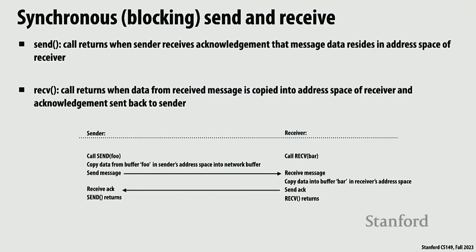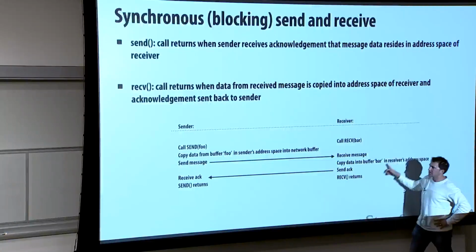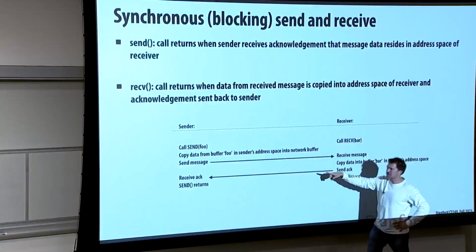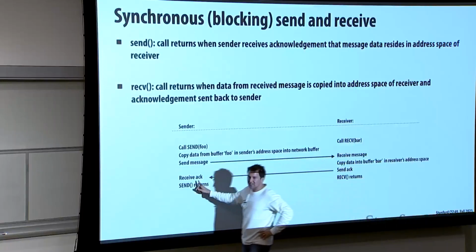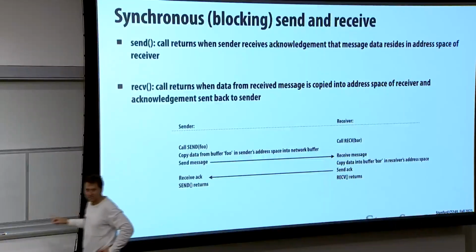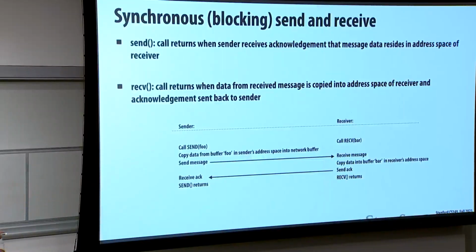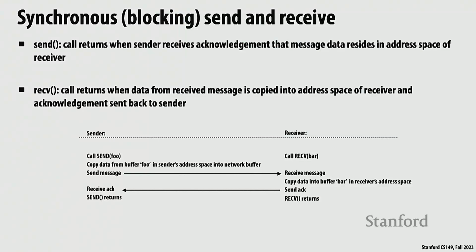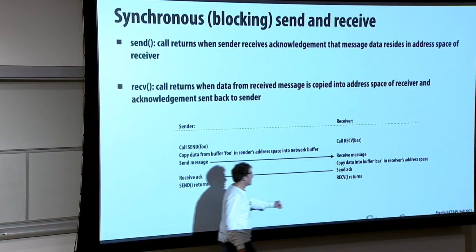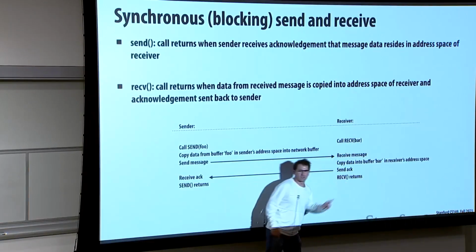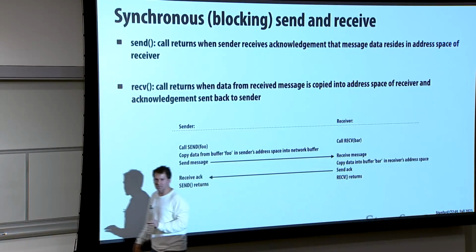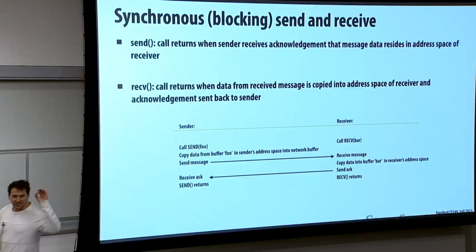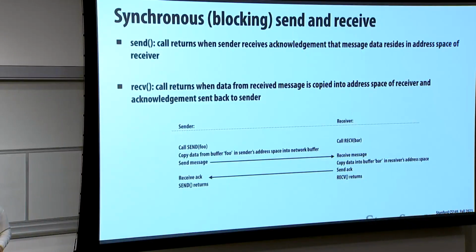When the receiver is done copying that data, it might send an acknowledgement back to the sender, and the send call returns once we are guaranteed that the receiver has the data. That's a blocking send. Similarly, a blocking receive returns when the receiver has the data in the appropriate variable in its address space.